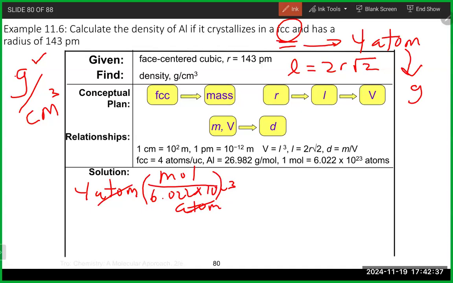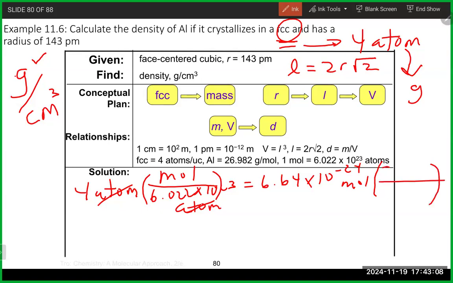Once we have that, it's 4 divided by 6.022 times 10 to the 23, which gives us something like 6.64 times 10 to the minus 24 moles. Now that we have moles, we can use the molar mass from the periodic table, and that's 26.98 for aluminum.